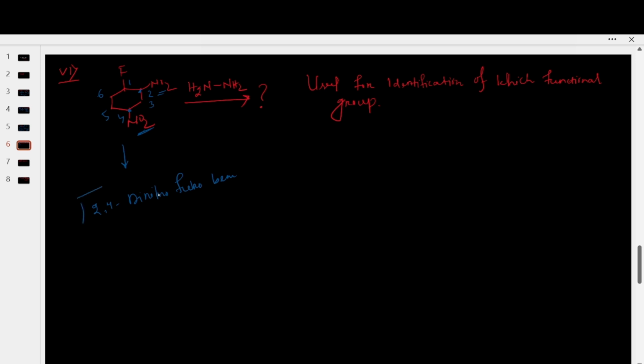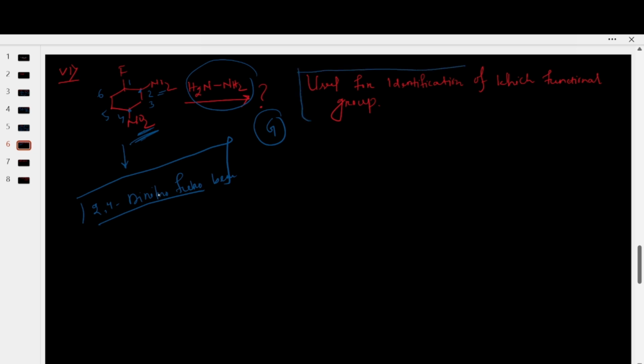So the name is given in the question, 2,4-dinitrofluorobenzene, in presence of hydrazine. So it will form a complex which is represented as G, and the 2,4-dinitrofluorobenzene we use for testing of which functional group. We have to write that thing.